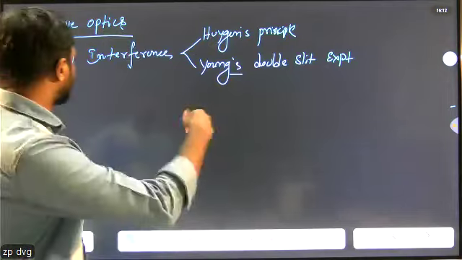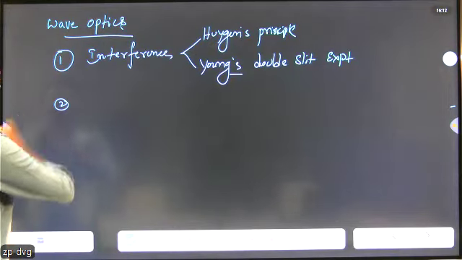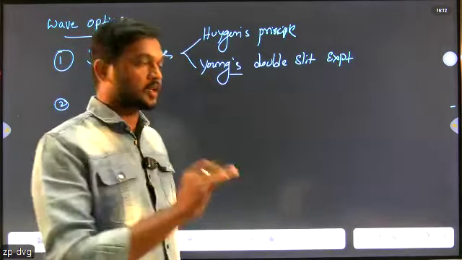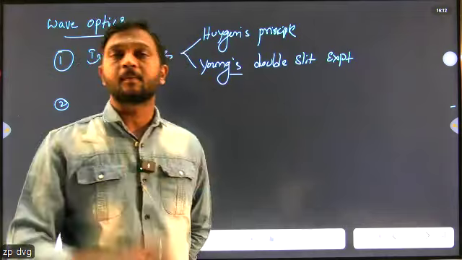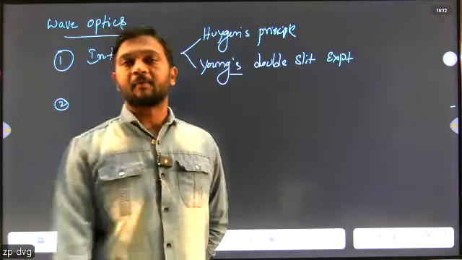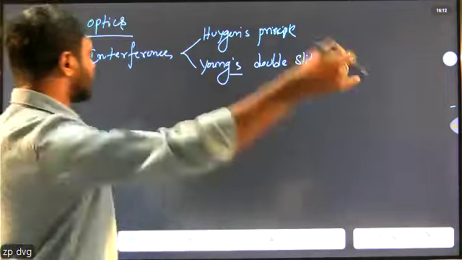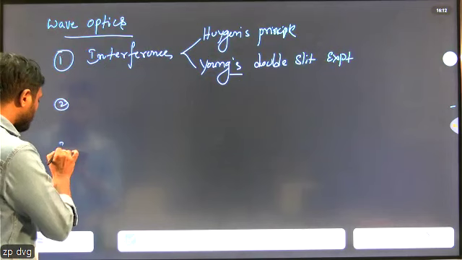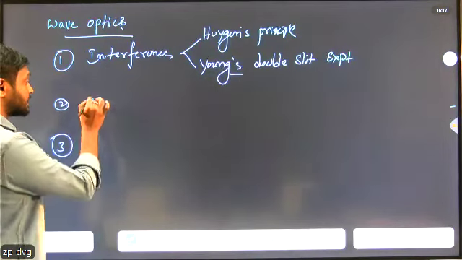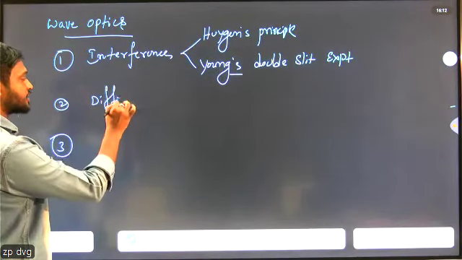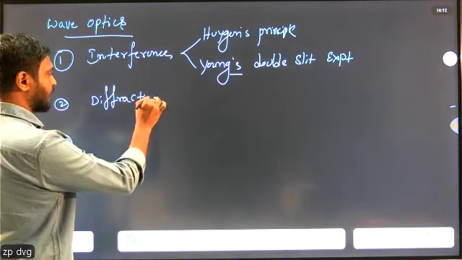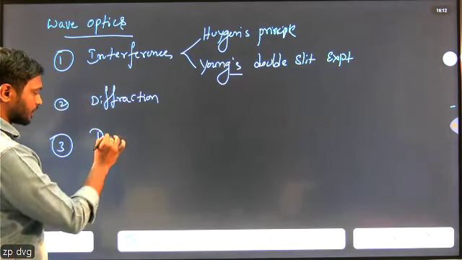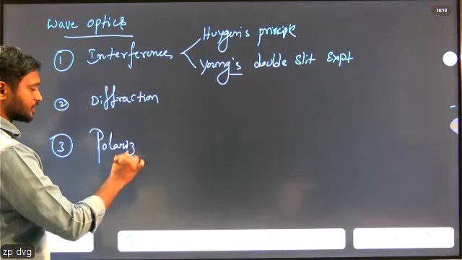After interference, in the last class, we discussed up to question number 28 regarding Young's double slit experiment and Huygens' principle. Okay, let's move on. Today we are going to discuss two more important concepts: diffraction, and the third one, polarization.